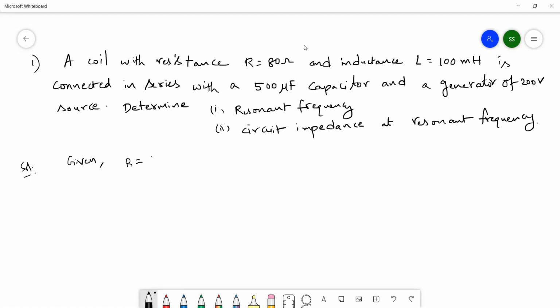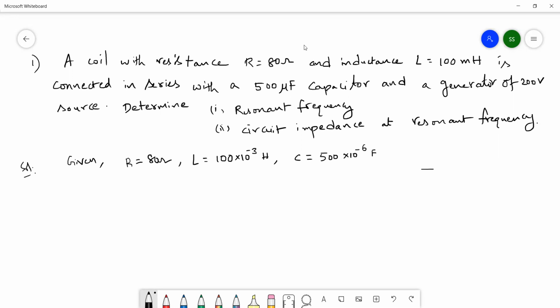R is equal to 80 ohms, and L is 100 millihenries, in the sense 100 into 10 to the power of minus 3 henries, and C is 500 microfarads, in the sense 500 into 10 to the power of minus 6 farads. Now which category of circuit is it? Series RLC circuit, correct?